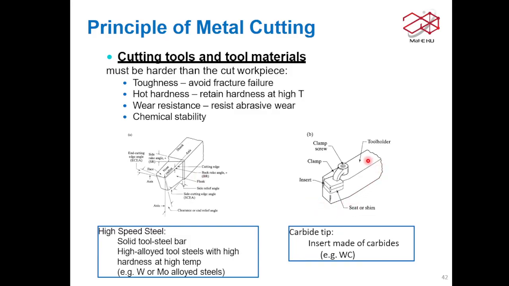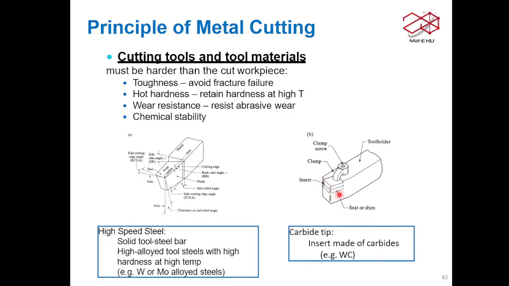So we use a tool holder, which is produced using high-speed steel, and we have an area for an insert, right? We have the seat or the shim for the insert, which is made from other harder material like tungsten carbide or cermet or silicon nitride or diamond-coated bits, right?